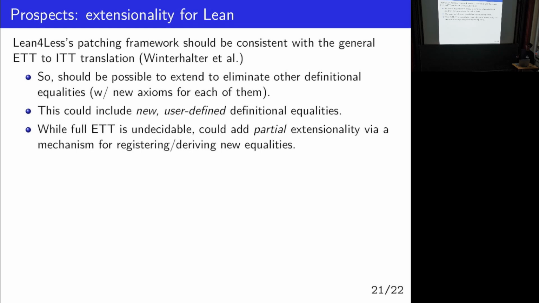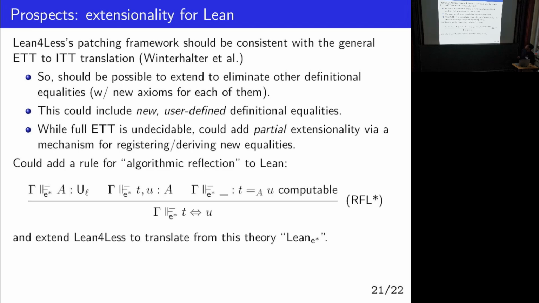We know that ETT itself is undecidable, but we can maybe add some kind of partial extensionality to Lean via some mechanism that we provide to the user for registering and deriving new definitional equalities in Lean, or a limited subset of Lean's propositional equalities. So we could think about this new theory, Lean extensional star, that basically has a kind of qualified reflection rule that uses some routine.